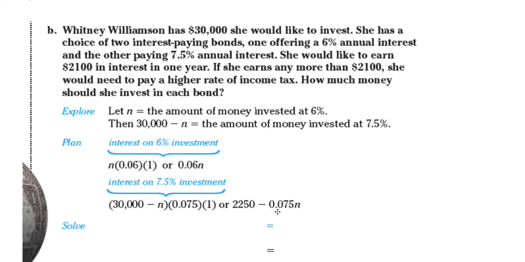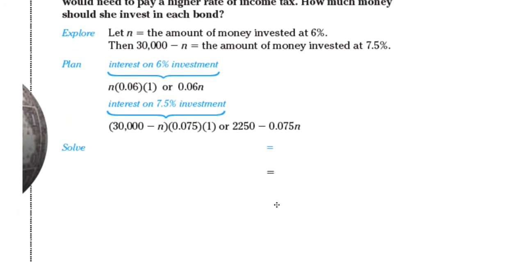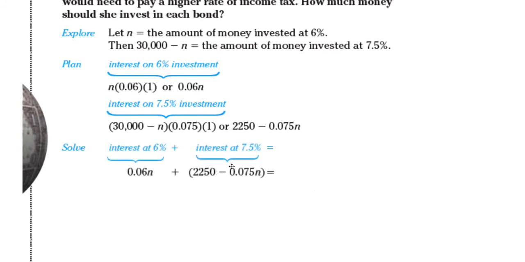So in trying to solve this, we want to add the two investments. We want to get the interest at 6% and add it to the interest at 7.5%, which should give us the total interest of 2,100.